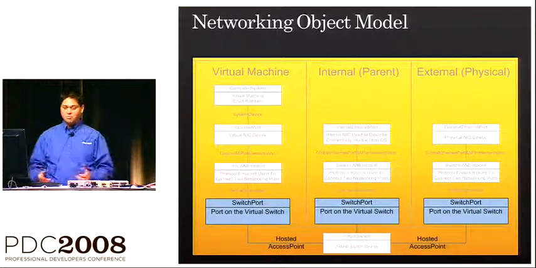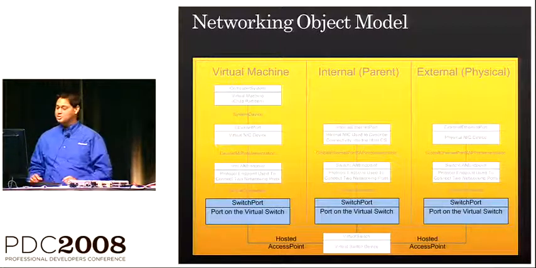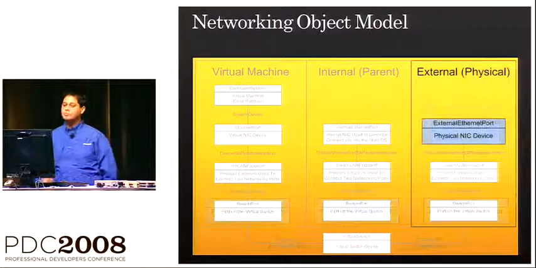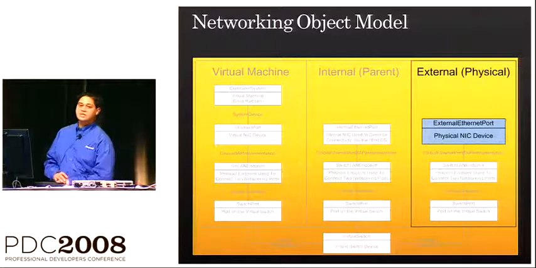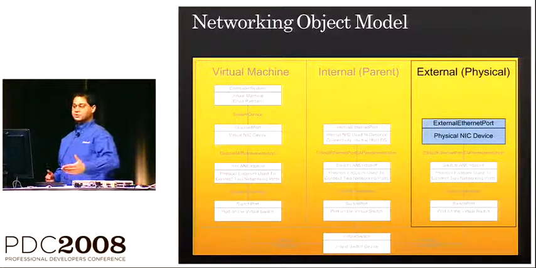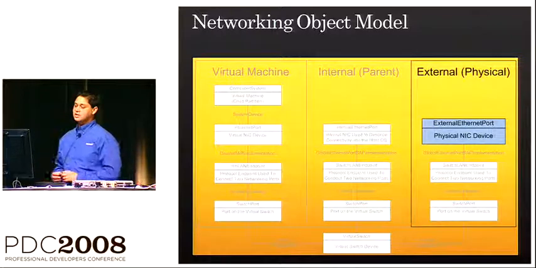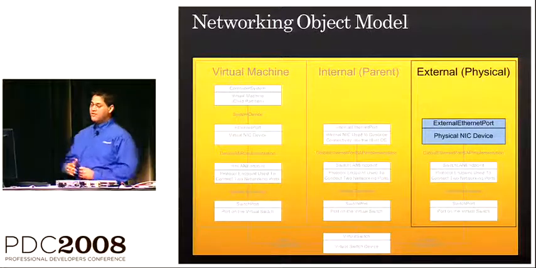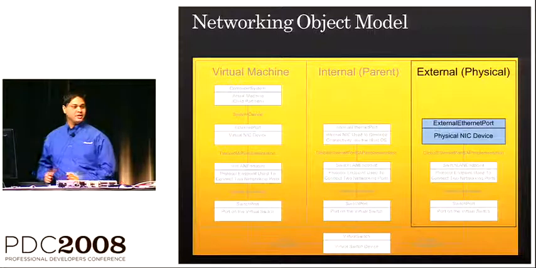They're just plug points essentially on a virtual switch. Now, in the case of the external or physical connection, when you're connecting the switch down to a physical NIC, we've got this class called external Ethernet port. And that's what you're going to end up connecting down into the switch port.